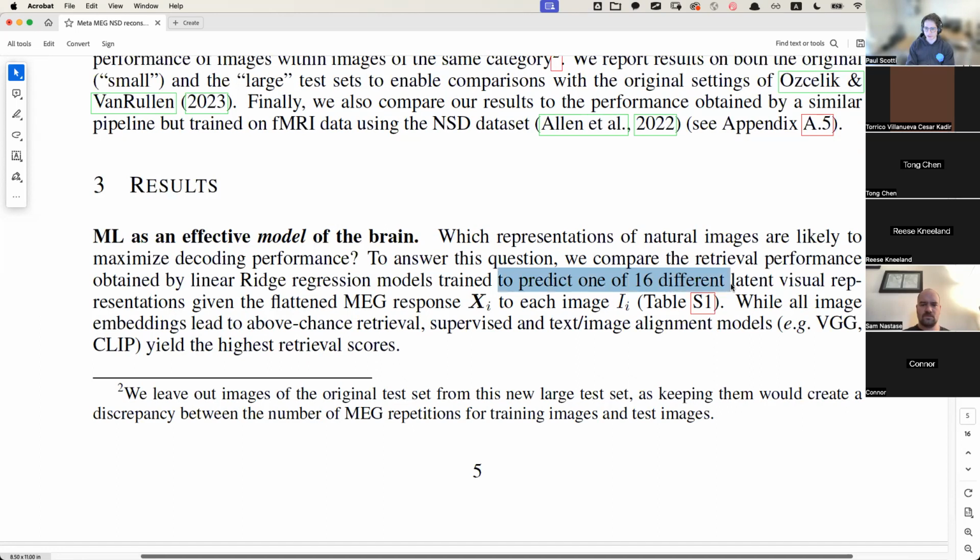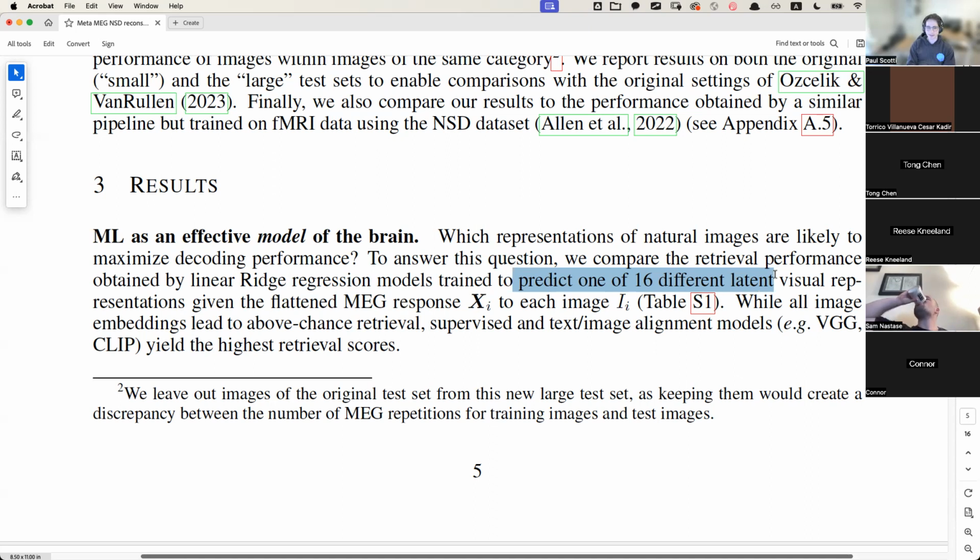But it says here that they predict 1 of 16 different latent representations with ridge. So I guess they're doing classification. They're not just doing ridge regression to the CLIP embeddings of all the images. They're doing something regarding this 16-wise category level decoding.